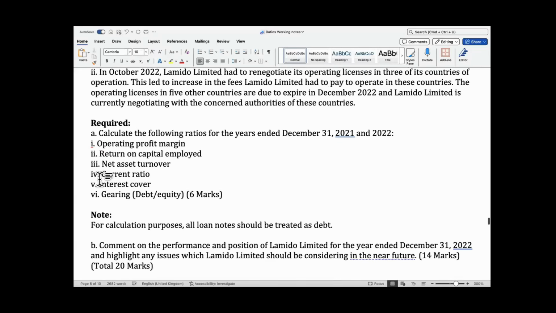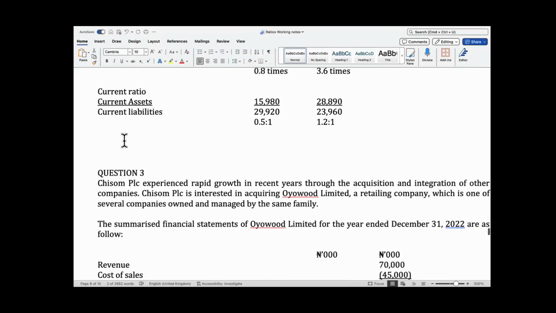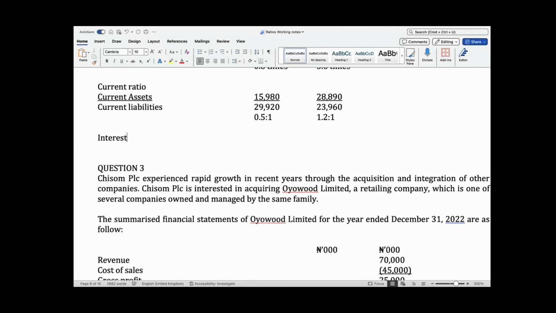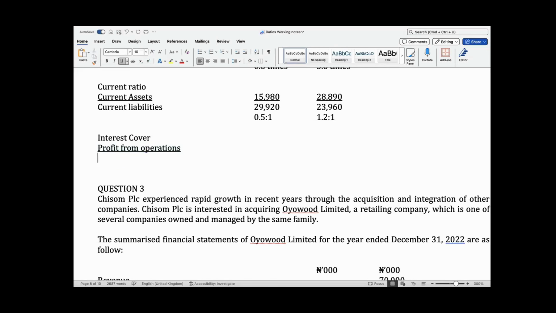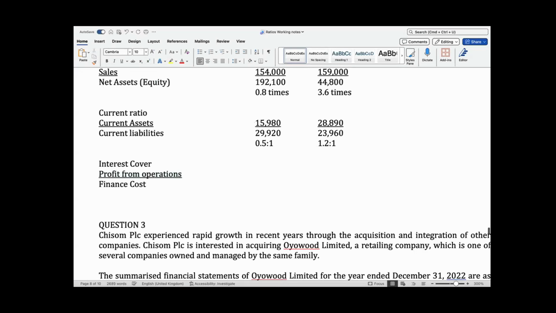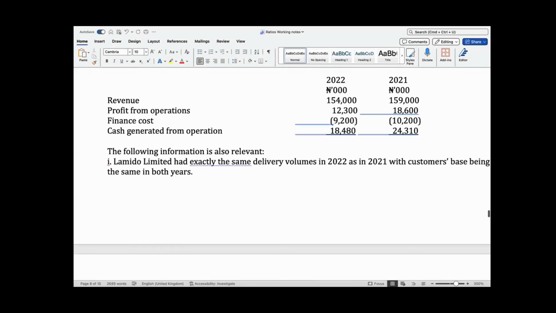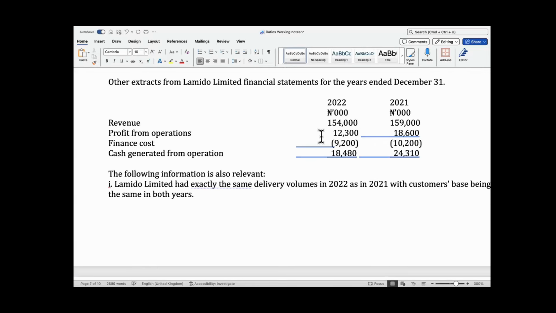Then the next one is interest cover, which is your profit, your PBIT, which is profit from operations, divided by finance costs.